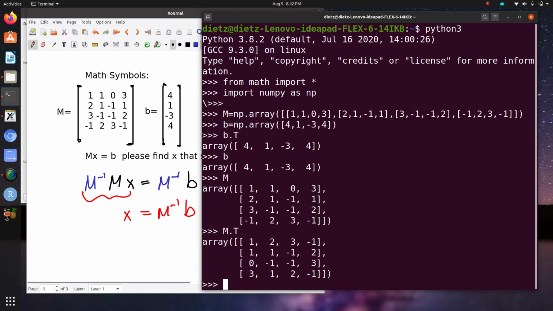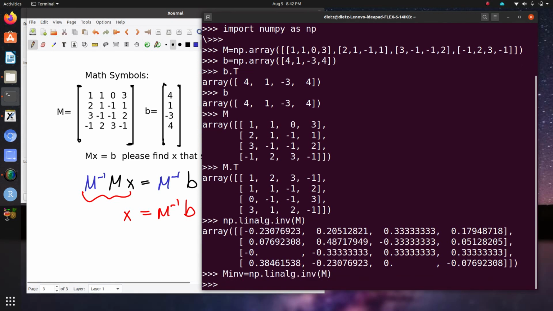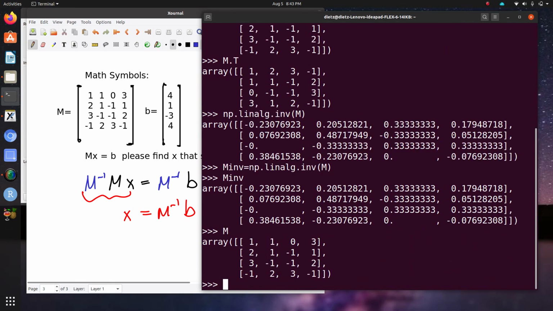Okay, but what we really want is the inverse. Yay, isn't that cool? So I can do this: M inverse equals np.linalg.inv of M. So now I've got a permanent copy of M inverse and a permanent copy of M. And now if I want to just multiply, I can go M inverse times, and I use this funny @ symbol to do that, b.